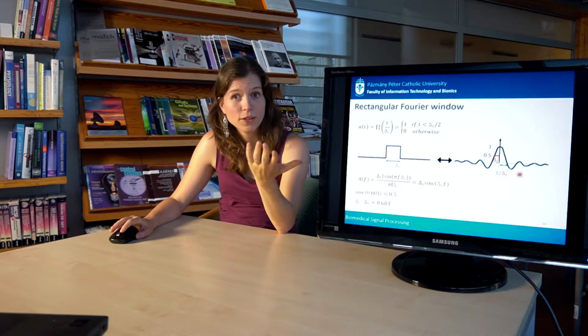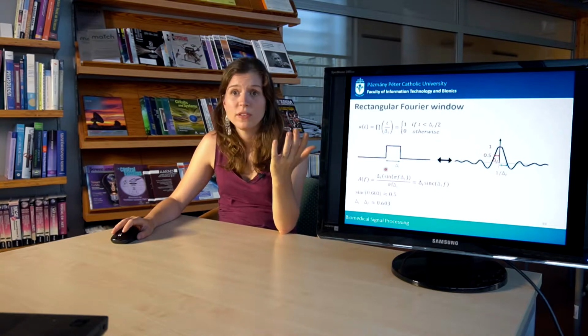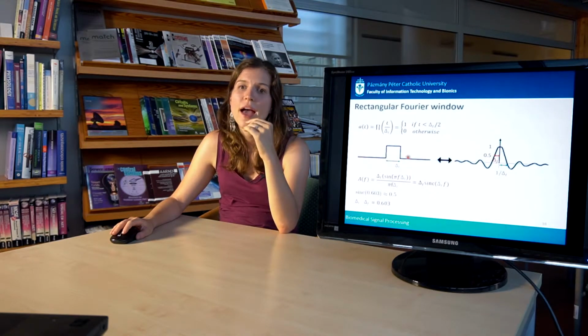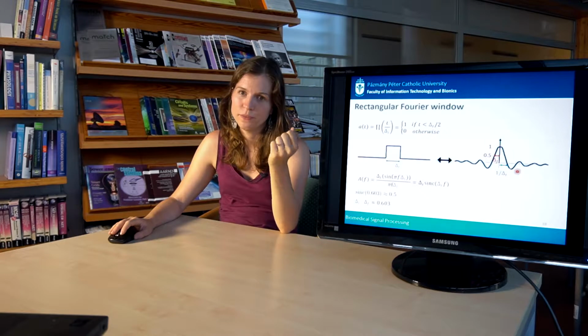It's very easy to calculate what is the correspondence between the two. So if you have a rectangular window with delta t width, then what is the width of this side lobe of this sinc function? What is the resolution of your spectrum?